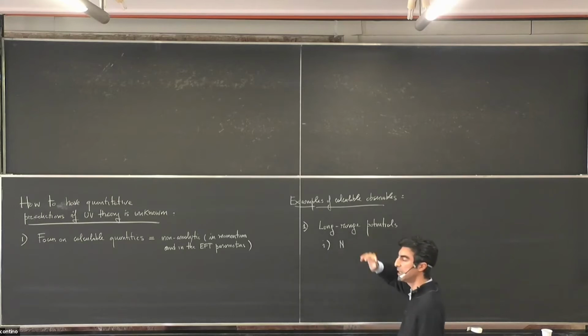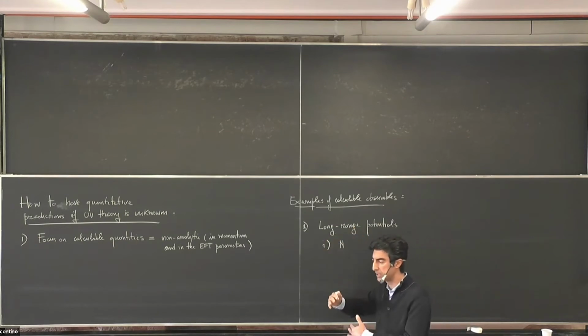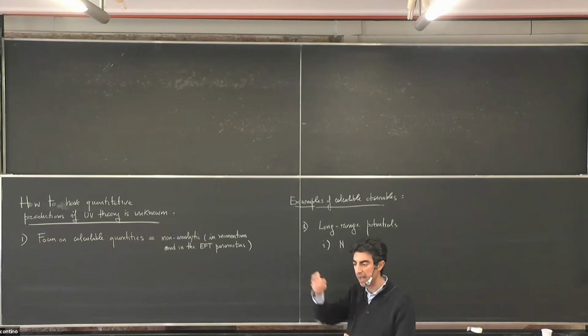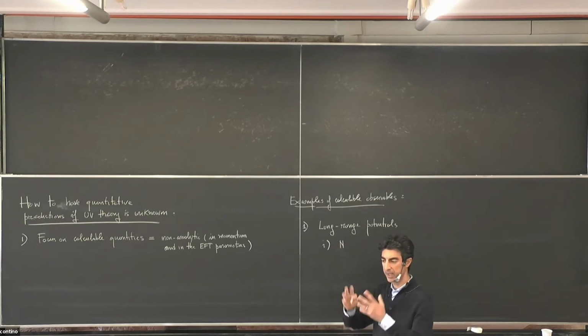So you don't need to know the full quantum gravity theory, which eventually at very low energies, at the energies at which you do the experiment, will reflect into some higher dimensional operators with unknown coefficients. You don't need to know whatever string theory completes quantum gravity seen as a quantum field theory.